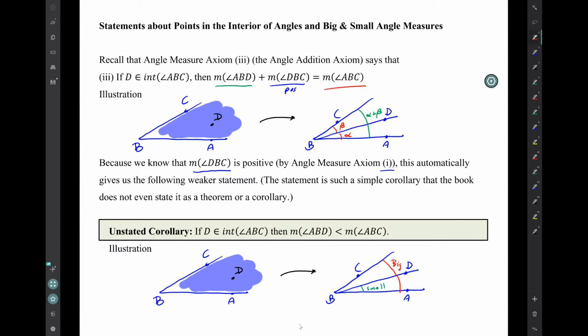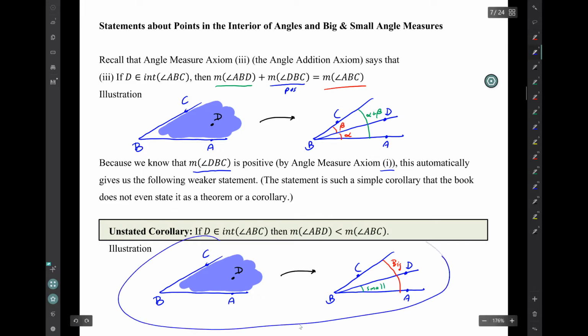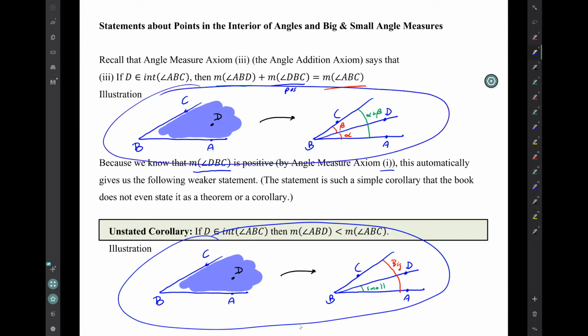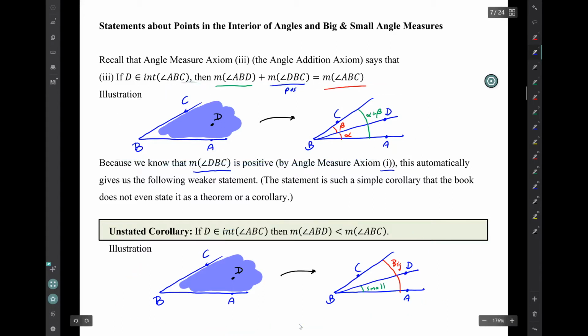So there's an illustration of this unstated corollary. You can see that it's a weaker statement. This drawing doesn't make as strong a claim as this drawing. This drawing up here says exactly how the angles add up precisely. The bottom drawing just says, well, one's bigger, one's smaller.